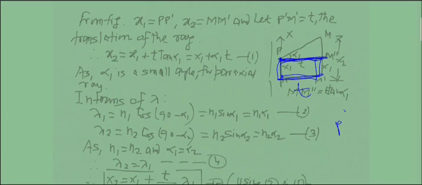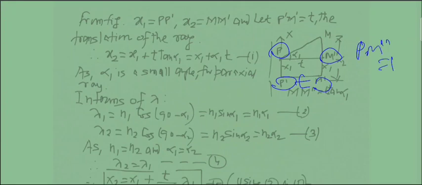So as P dash M dash is equal to t, P M double dash will also be equal to t only. Okay, not x1 M double dash, P M double dash. P dash M dash equal to t, so P M double dash will also be equal to t from geometry, because this is a rectangle. Which thing is a rectangle?